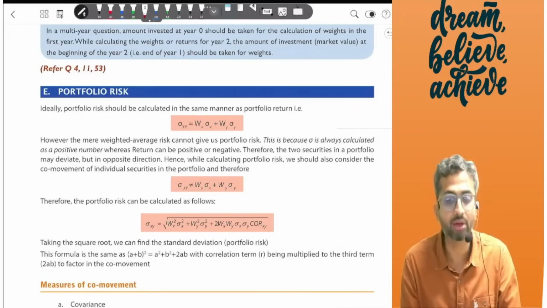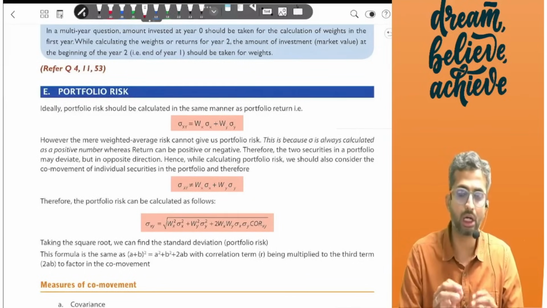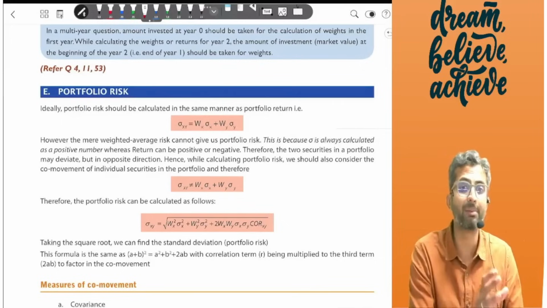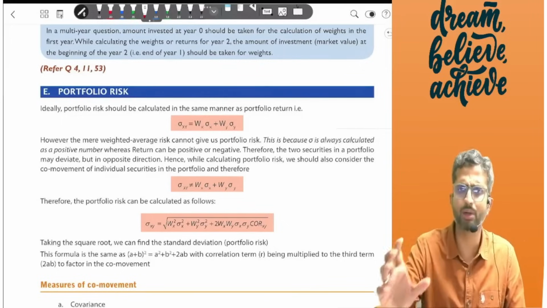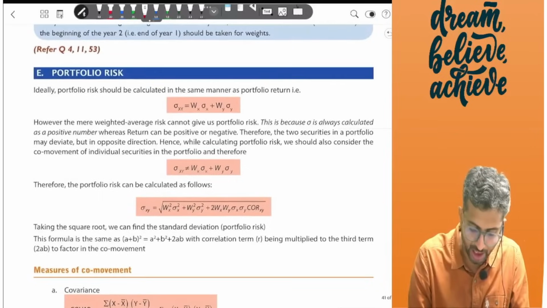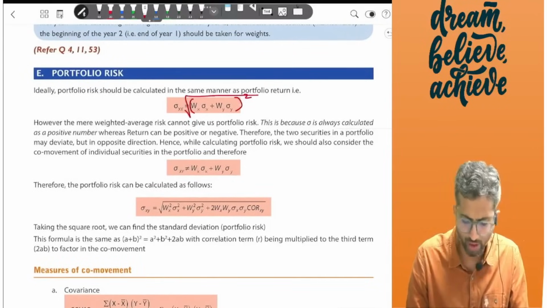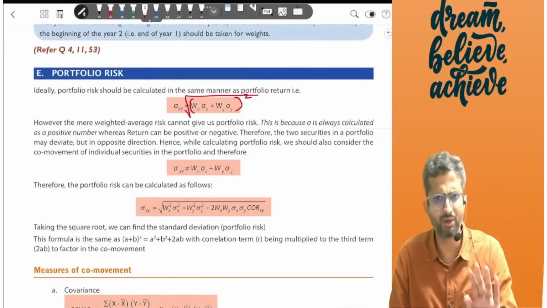And hence we need to make certain modifications. So the formula over here will be similar to A plus B the whole squared, that is A squared plus B squared plus 2AB. So ideally over here, instead of taking this directly, we would say that this is going to be A plus B the whole squared and then square rooted. One could say that the answer is going to remain the same. Well, generally yes.